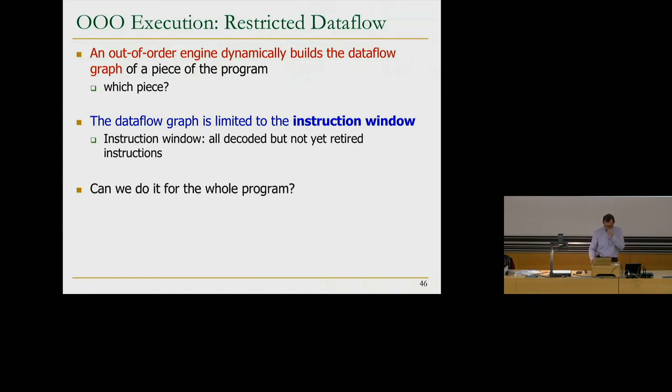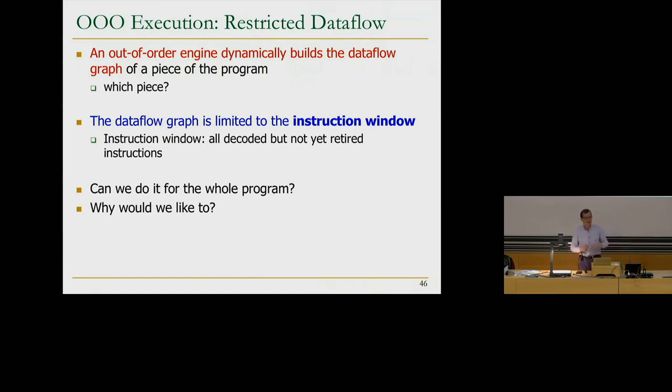So somebody may ask the question, can we do it for the whole program? Well, then you need a lot of reservation stations, for example, to keep the data flow graph for the entire program. Why would you like to? Because you want to execute a lot of things in parallel.